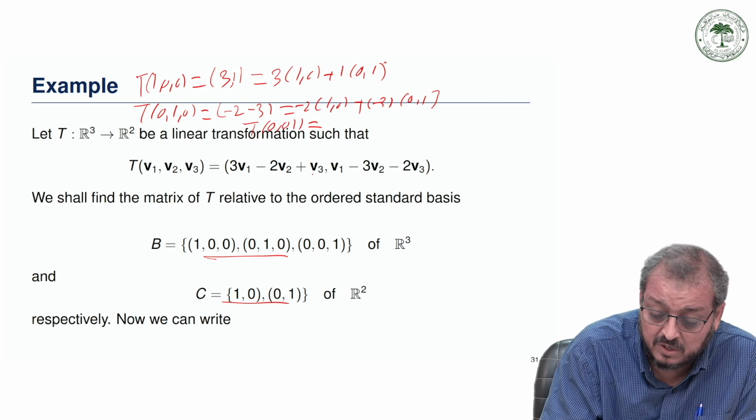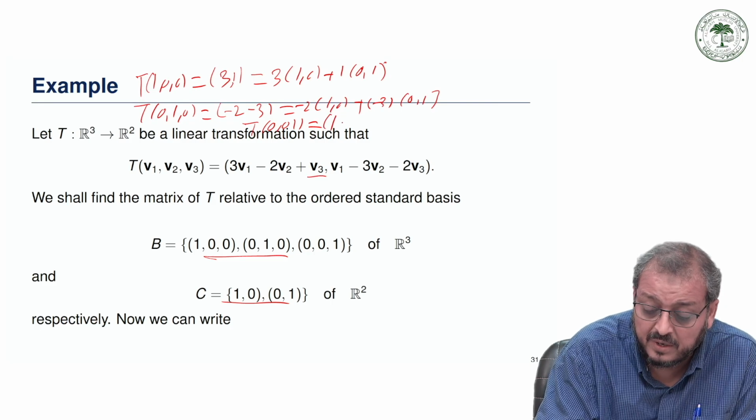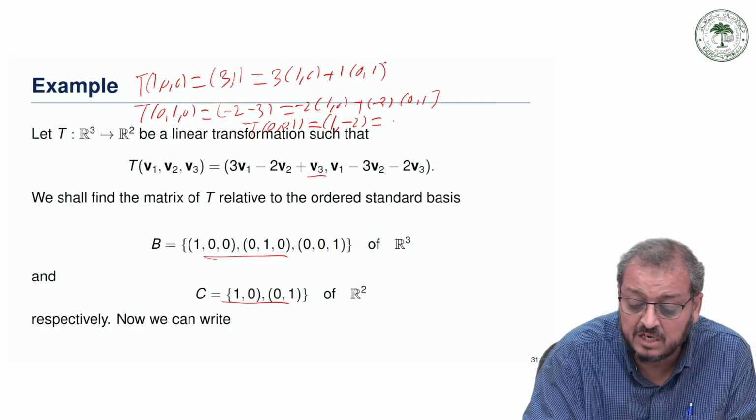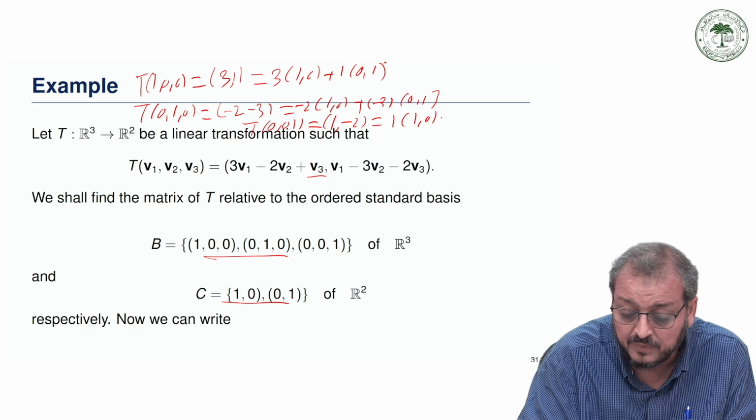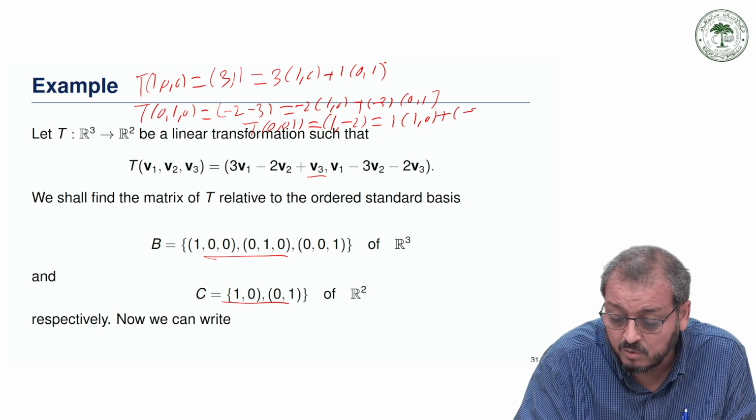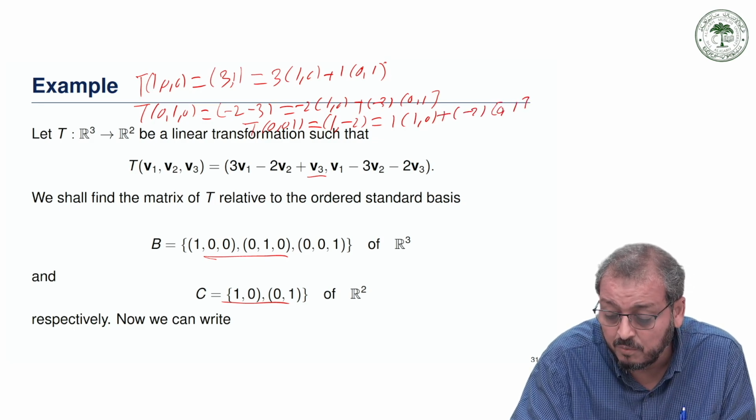This is equal to 1 comma minus 2, which can be written as 1 times 1 comma 0 plus minus 2 times 0 comma 1.